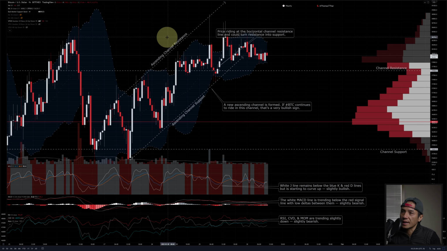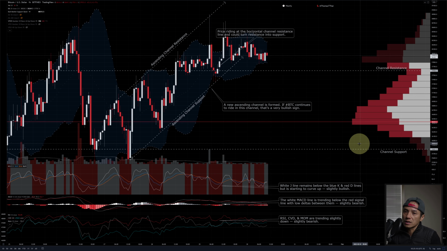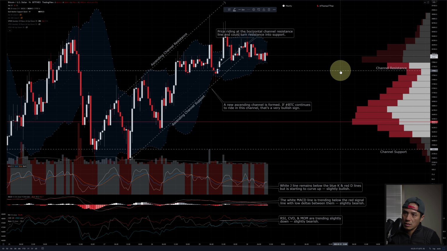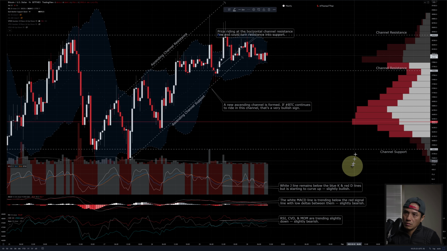So more than likely, it's forming a new channel up here, like right here. We can move that up, so now you have the new channel and the previous channel. If it continues to range in this area, that's fine. If it goes up, that's bullish. If it goes down below, now it's going to have a bearish trend.